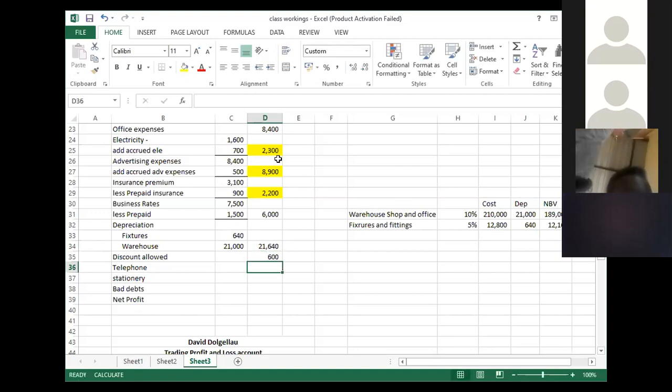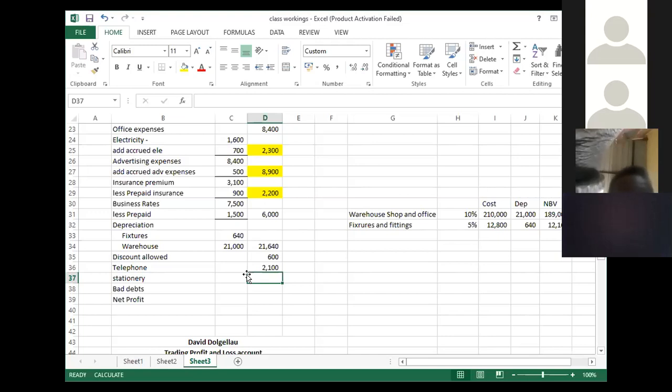We proceed. Telephone, what was the amount? 2,100. Is it affected by any other information? No. Continue. Stationery, 6,200.